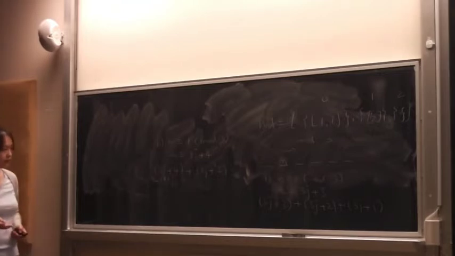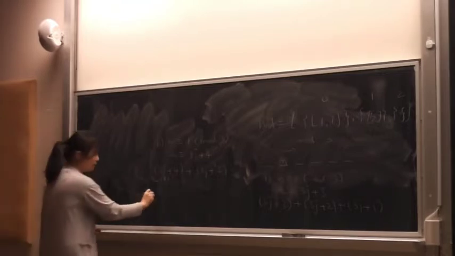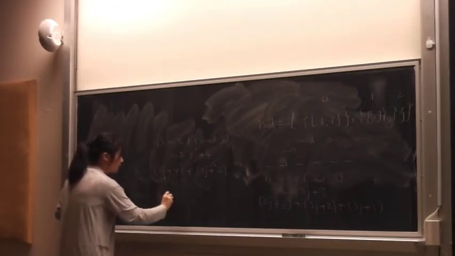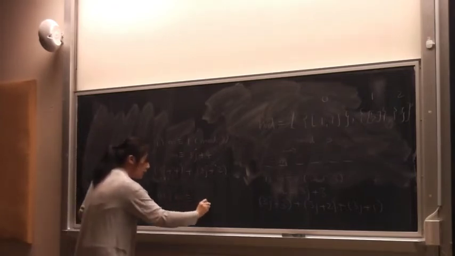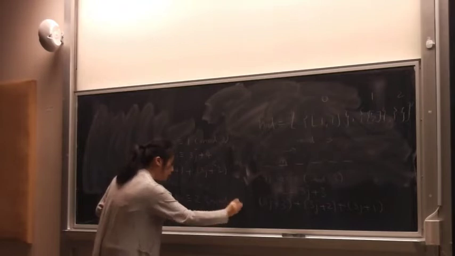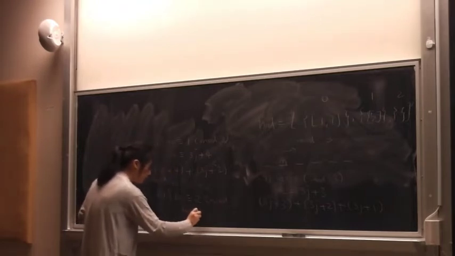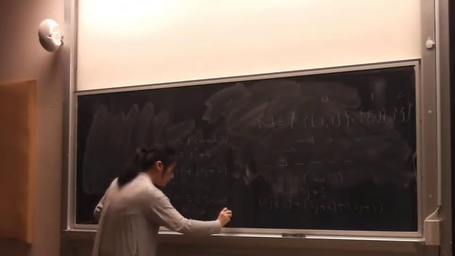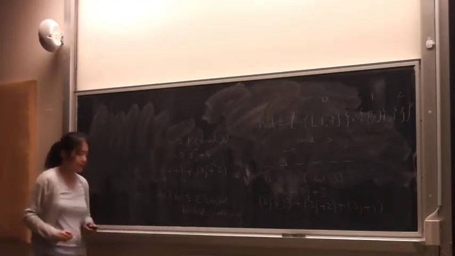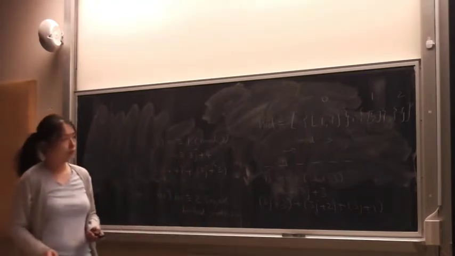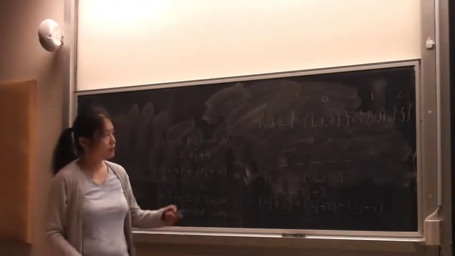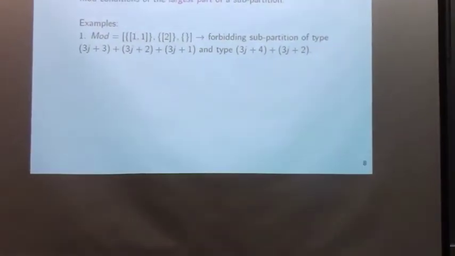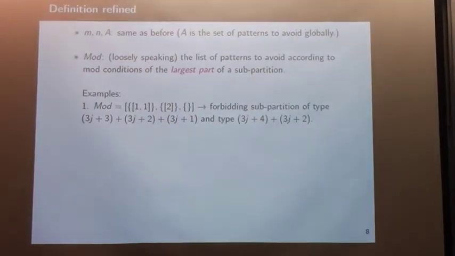So there's nothing in the third set. So if M is 2 mod 3, we forbid nothing. Okay, so we're only forbidding subpartitions of type 3j, so these two types.